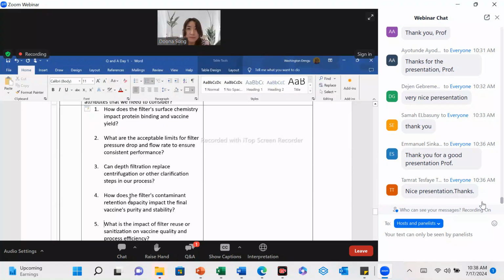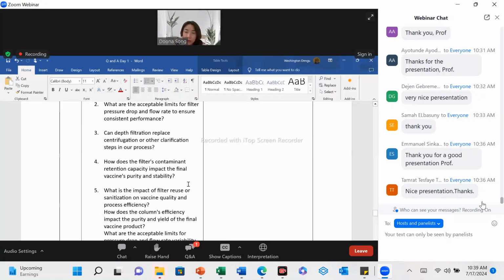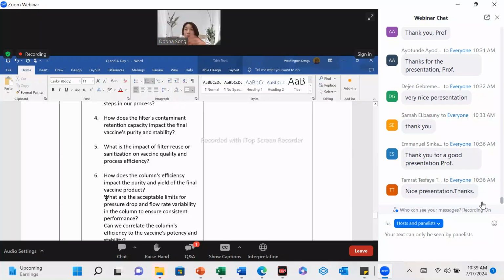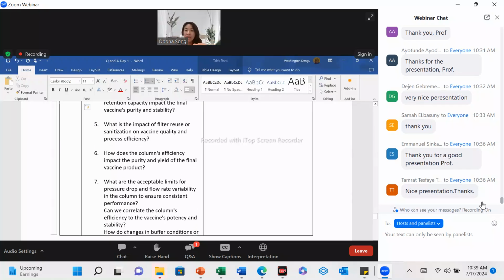Okay. Filter surface. Usually with the filter surface, you have to check before using the filter whether the filter's membrane surface interacts with your protein.